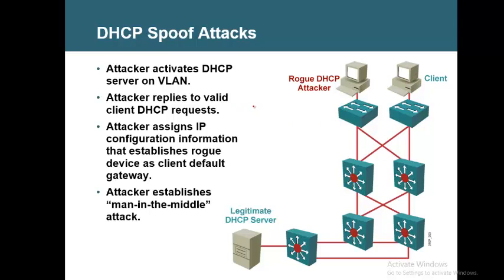The client sends a layer 2 broadcast packet called discover. The client does not know who the server is. Your laptop is a client, and it needs an IP address from the DHCP server.